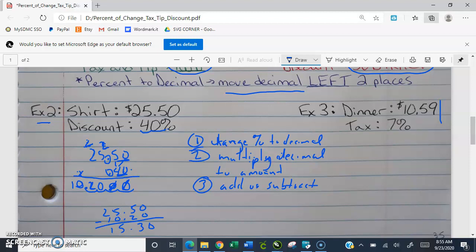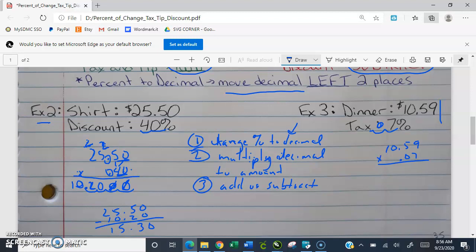Now let's go over here and do the dinner taxes. The tax is 7%. The first thing we need to do is change the percentage to a decimal. So we go 1, 2. If it's an open spot, we fill it in with a 0. So we have $10.59, that's our original price, times 0.07.